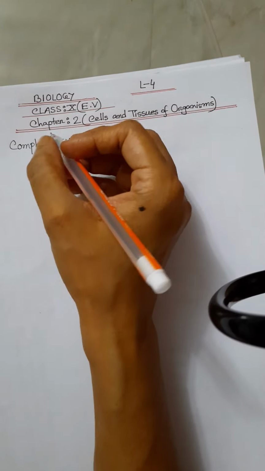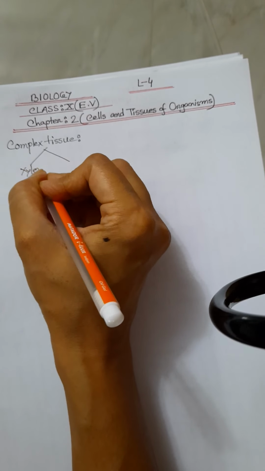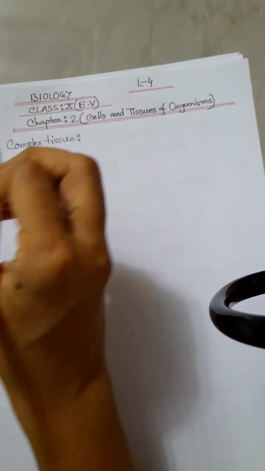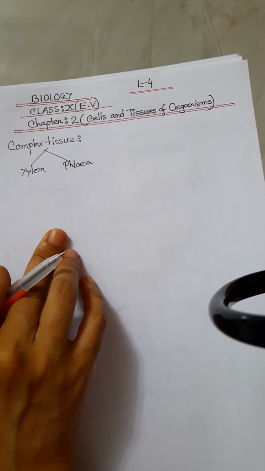They can be grouped into two types: xylem and phloem. Xylem and phloem together form the conducting tissue of the vascular bundle.